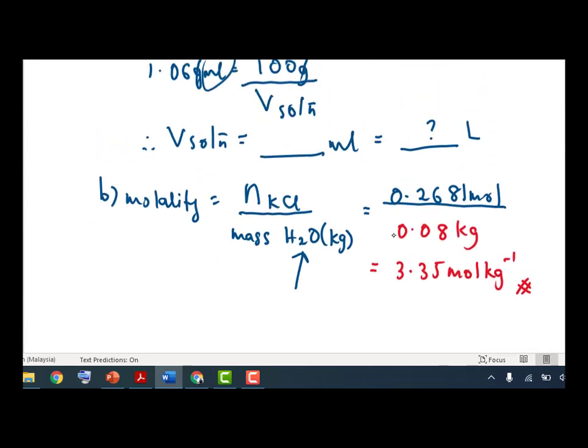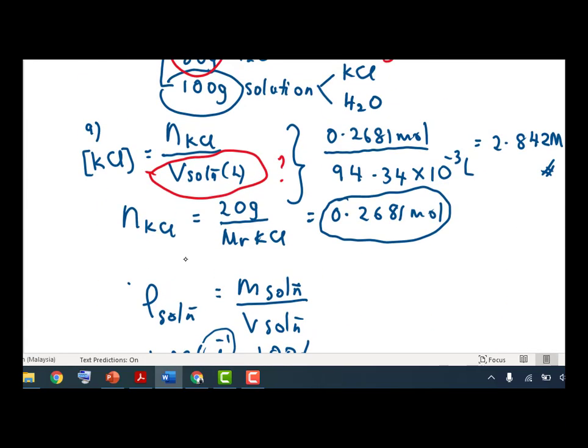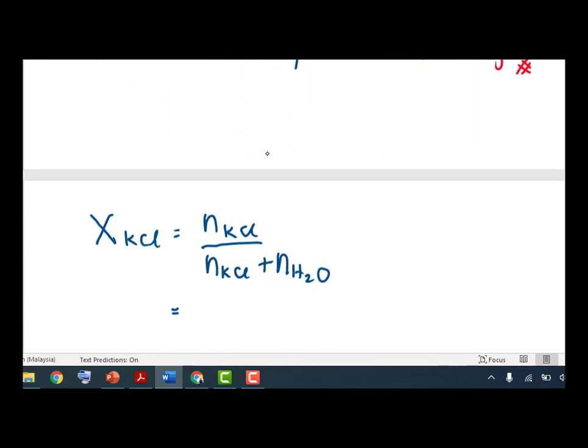So mole fraction is X KCl, which is equal to the mole of KCl divided by mole total. So what do we have for mole total? It is mole KCl plus mole water. Do we have the mole of KCl just now? Yes, which is 0.2681.